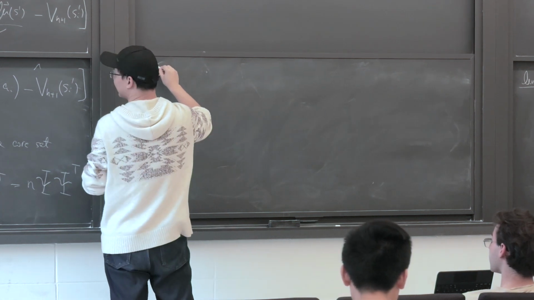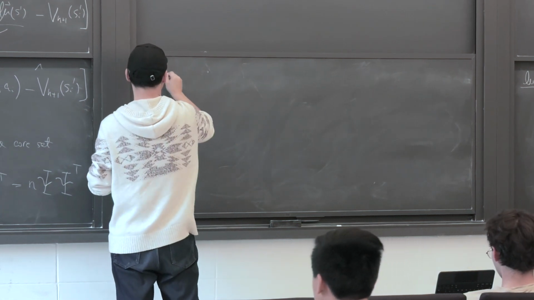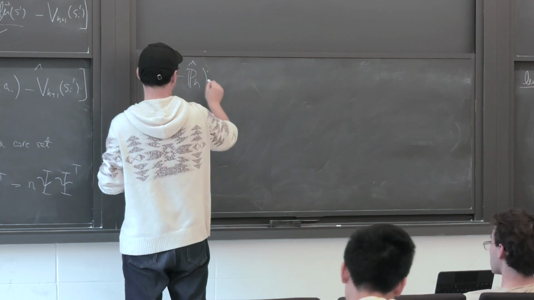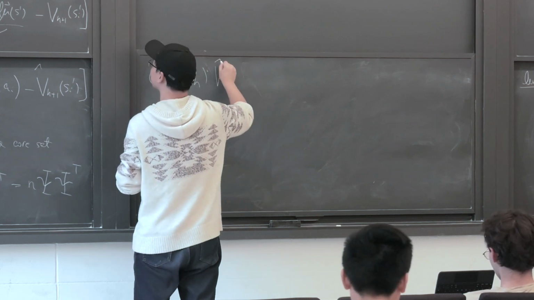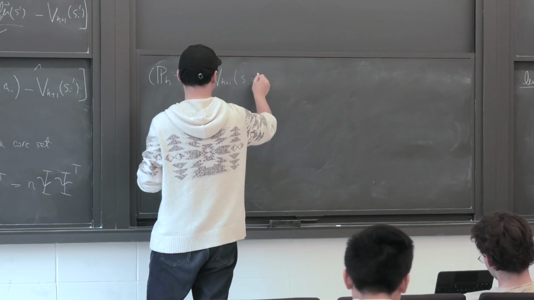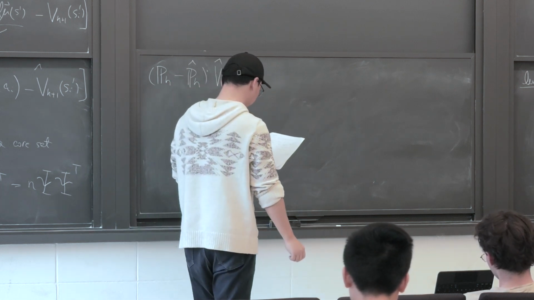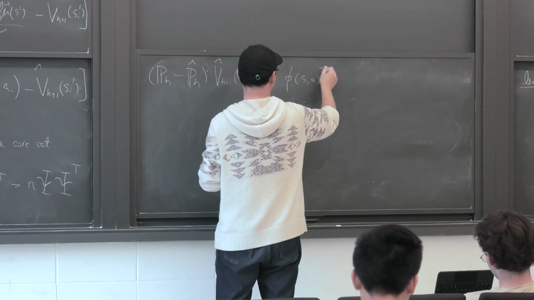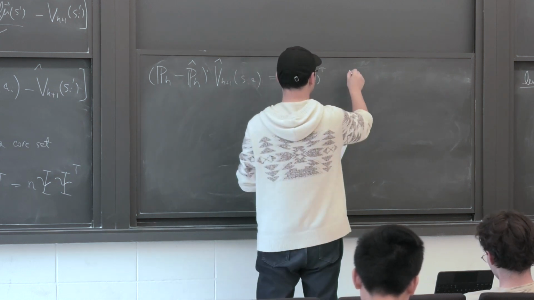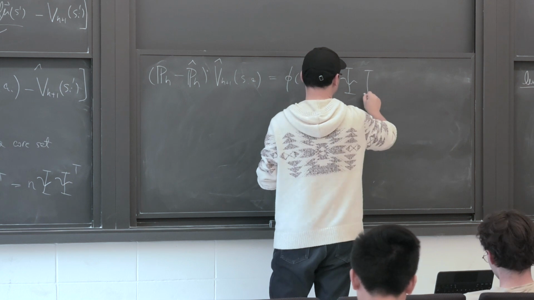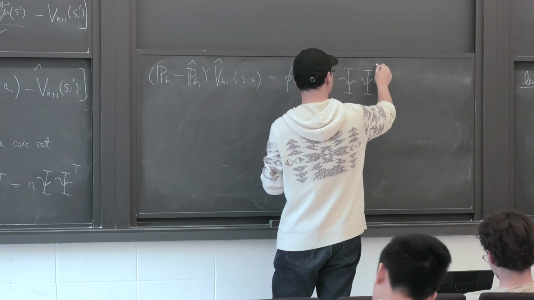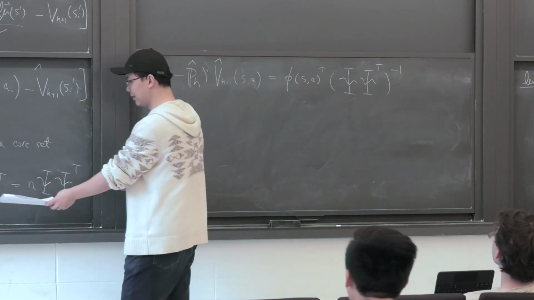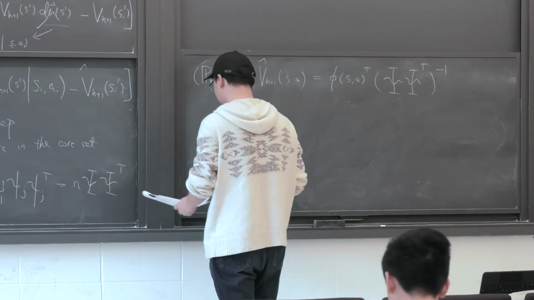We know this V_H hat subtracted by the V_H hat, V_{H+1} hat at (S,A), is equal to phi(S,A) transpose, and psi psi transpose inverse. We just replace this lambda by this n psi psi transpose.